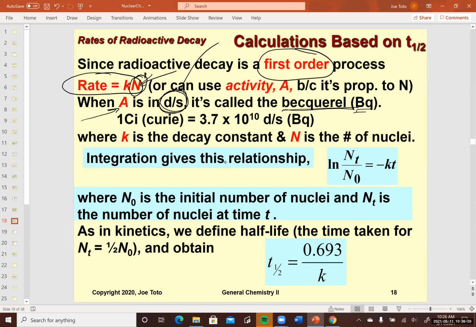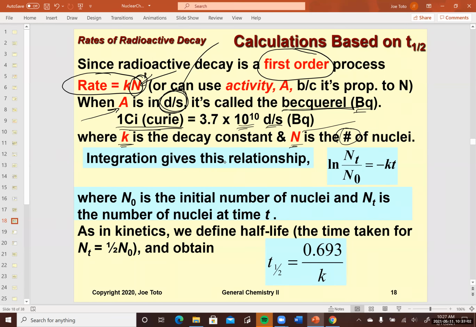This is also related to the Curie, which is 3.7 times 10 to the 10th disintegrations per second. So it scales it up a lot. And k is the old rate constant that you're familiar with from kinetics. And N is the number of nuclei that's related sometimes to the activity.